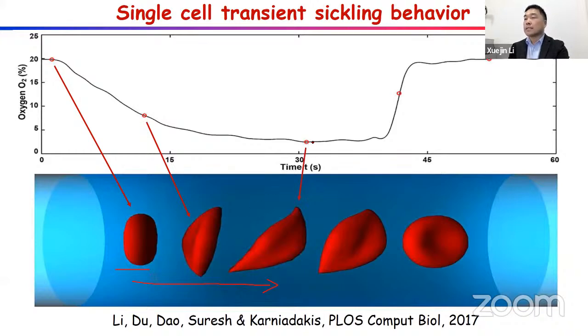And at the lowest oxygen level, we get a classical sickle cell, like here. And after that, the oxygen is reintroduced, so the cell unsickling process occurs, and the cell gets back to its original shape. So we can model the cell sickling and unsickling process through this model.